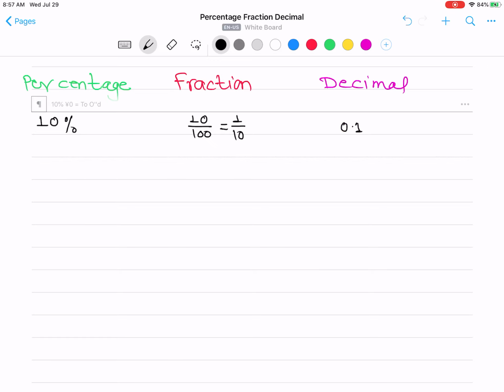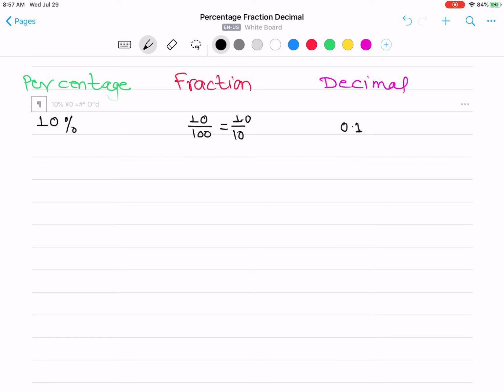So you can see that when you divide by 10, you need to shift the decimal point to the left. So here the decimal point is like 1.0, and you need to shift this decimal to the left when you divide it by 10. So this is just the same thing.